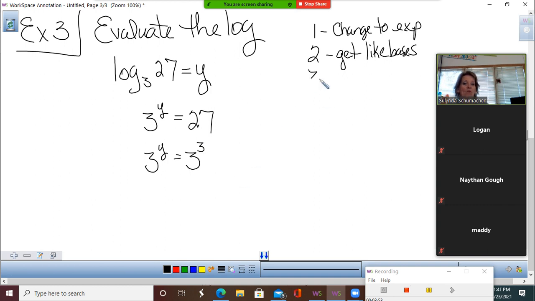So then, once you have the same base, then you can compare the exponents. Because the bases are the same, we're now at a one-to-one function, which means our exponents are equal. So I can just set my exponents equal to each other, or in this case, y equals 3.